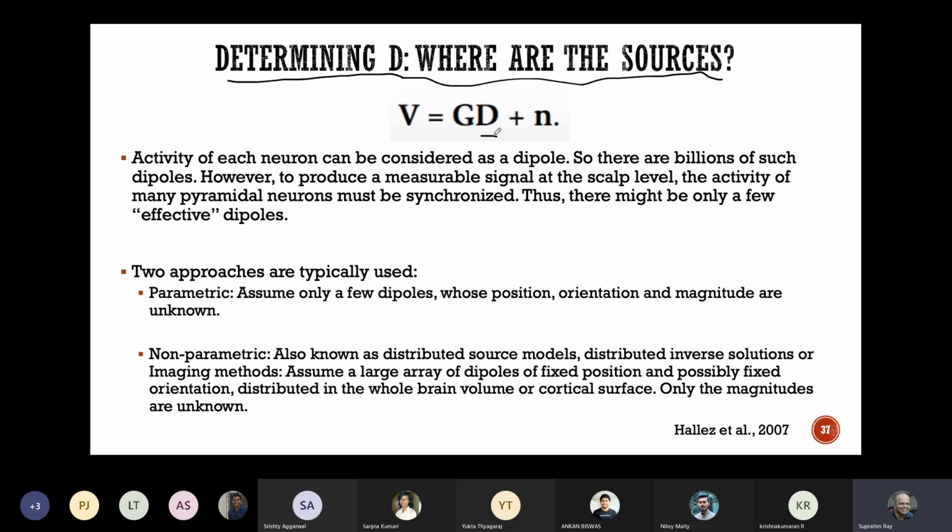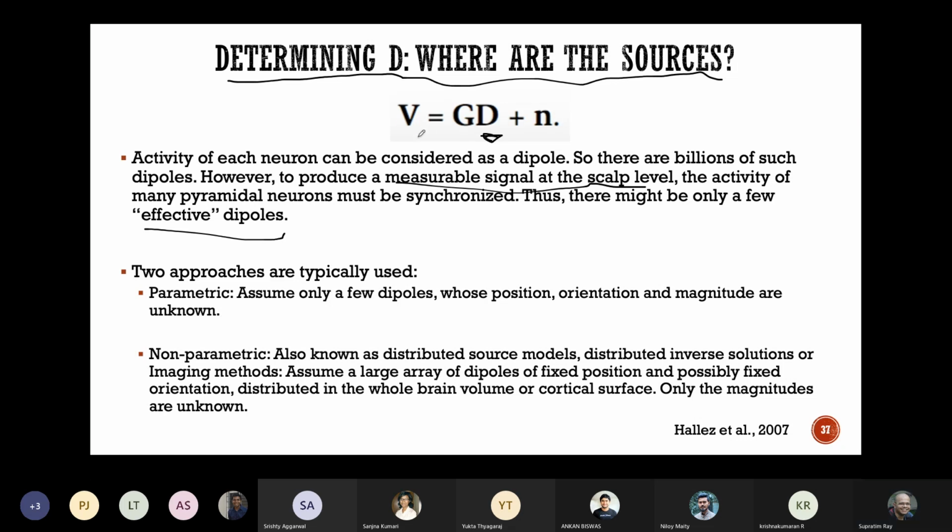So there are billions of Ds. Each neuron could be a dipole. However, to produce a measurable signal at the scalp level, you need to have a lot of these dipoles properly synchronized. So effectively, there might only be a few large effective dipoles that are generating this potential.